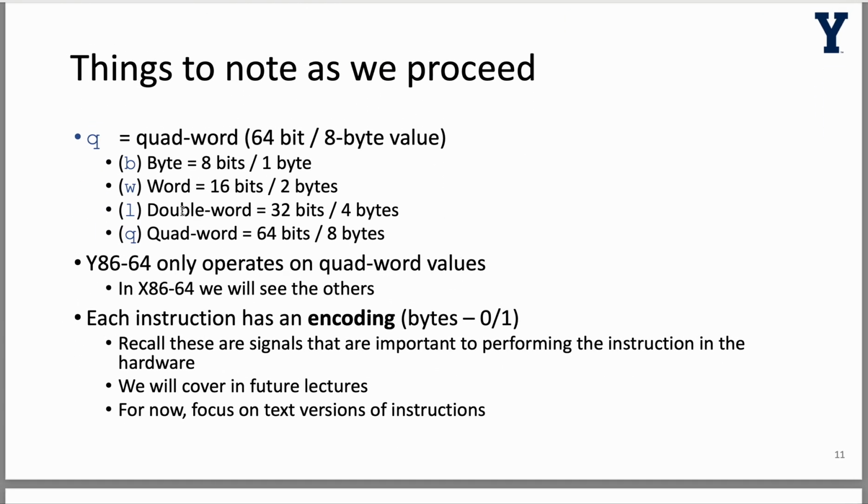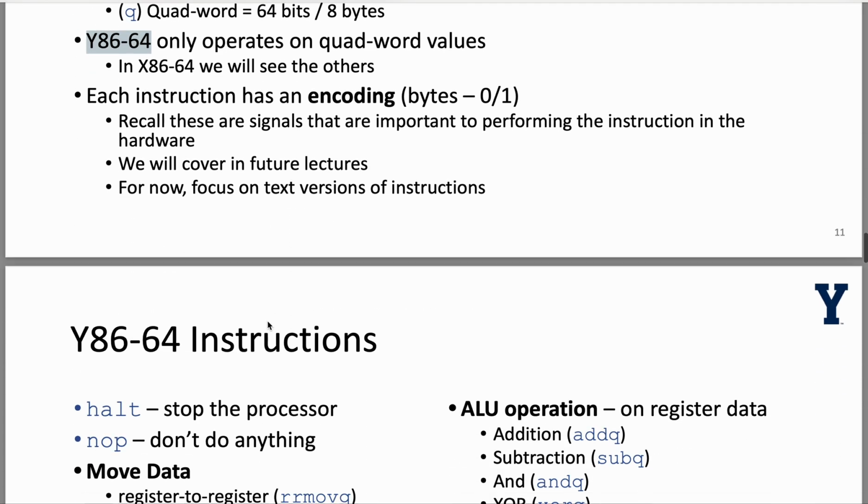First of all, this Y86 is going to mostly do things with quad words, but you could also think of accessing a byte or a word, which is 16 bits, a double word, which is 32, or a 64-bit word. When we get to the x86, we will see some of these others, but for now, Y86 just does quad words, so it makes it simpler.